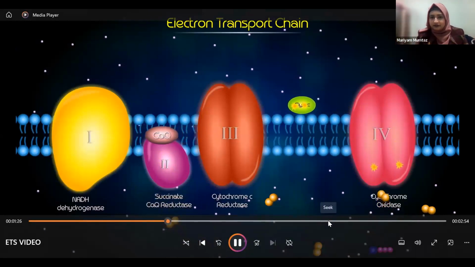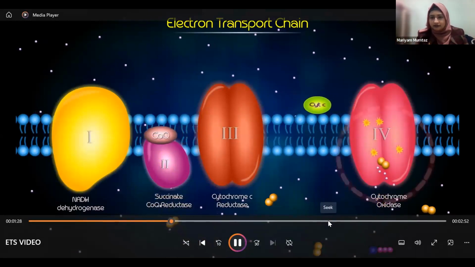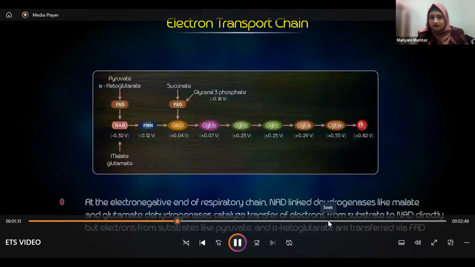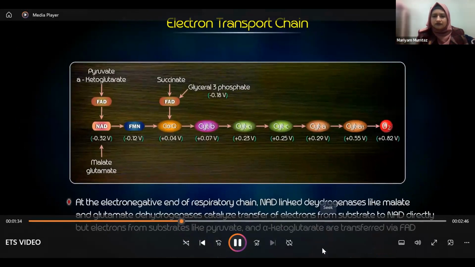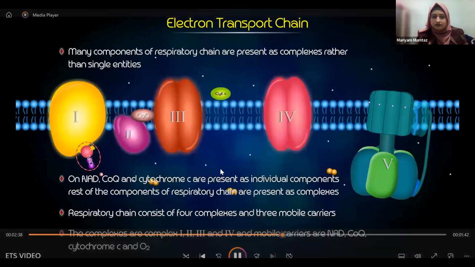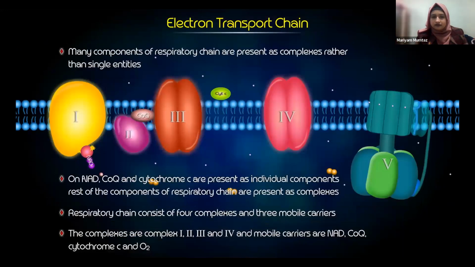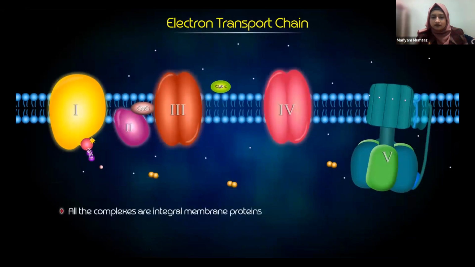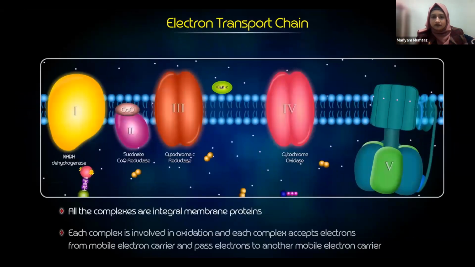The transfer of electrons from substrates to NAD and FAD is catalyzed by dehydrogenases. At the electronegative end of the respiratory chain is NAD, linked to more positive carriers: coenzyme Q, cytochrome C, and oxygen. All the complexes are integral membrane proteins.